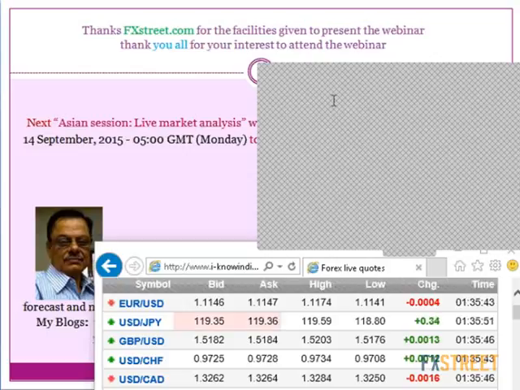Then Mario asks: Sir, the volatility this week, are you expecting greater volatility compared to that of last week? No, the upward move will be much limited and the downward move will be more. So what they will do, from 1.1150 for example, they will quickly come to 1.1050 and reverse back to 1.1100.